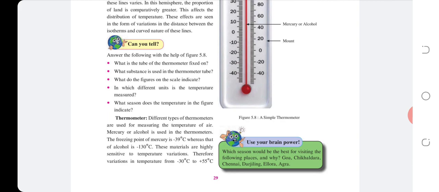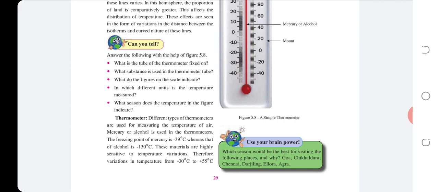Thermometer. Different types of thermometers are used for measuring the temperature of the air. Mercury or alcohol is used in the thermometer. The freezing point of mercury is minus 39 degrees Celsius, whereas that of alcohol is minus 130 degrees Celsius.